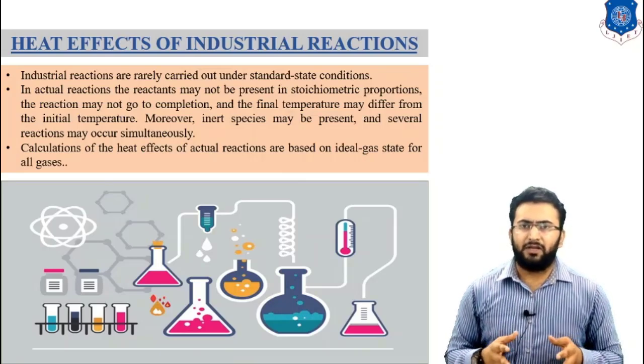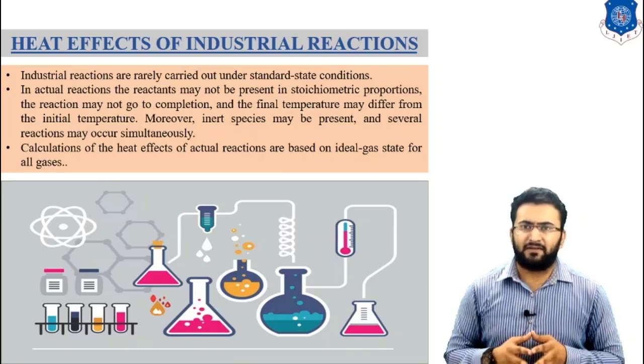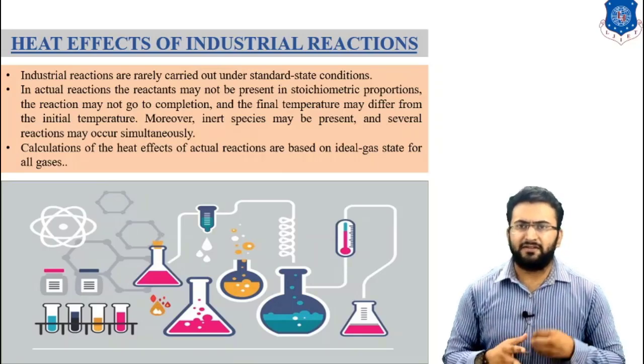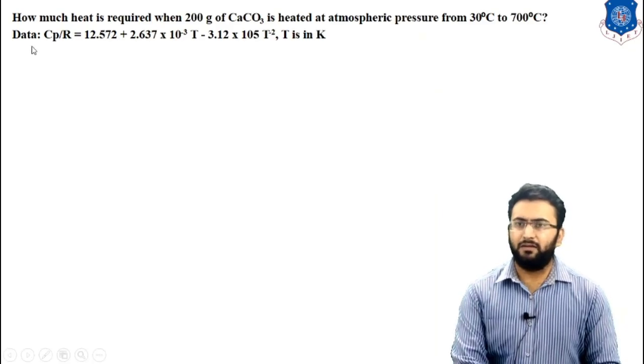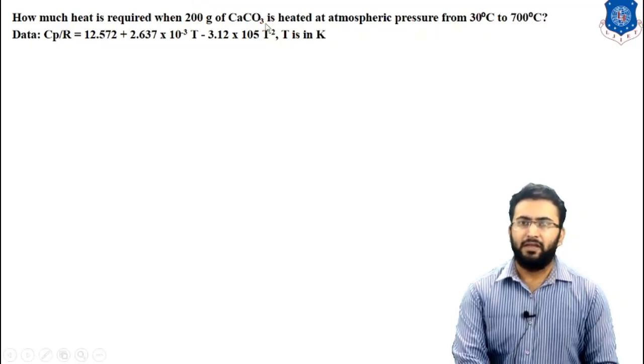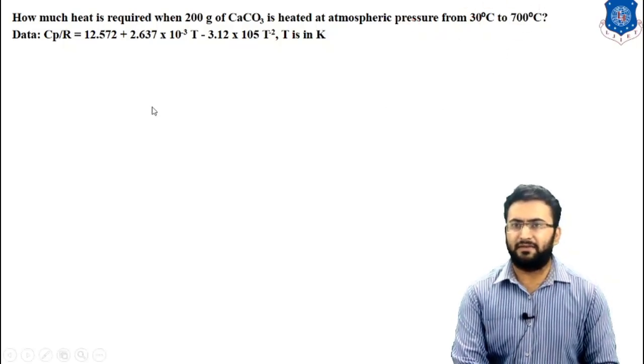Now let's calculate various numericals based on heat of reaction or effect of temperature on heat of reaction. So let's start with this numerical. Given: how much heat is required when 200 gram of CaCO3 is heated at atmospheric pressure from 30 degrees Celsius to 700 degrees Celsius.